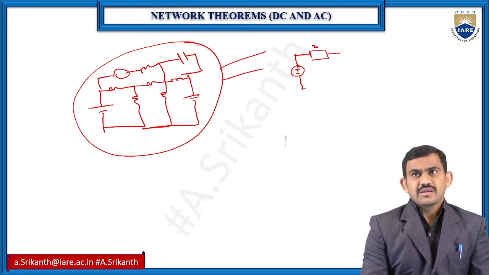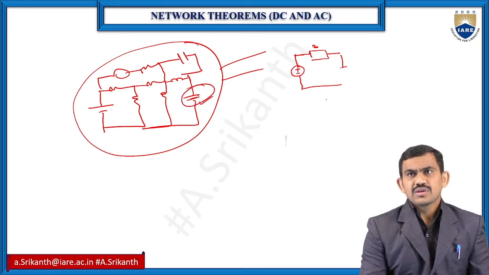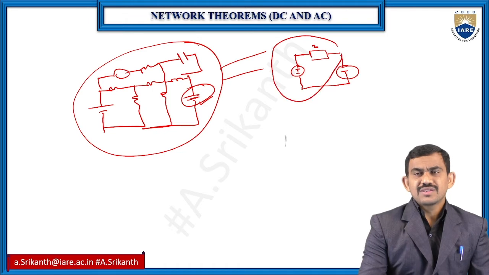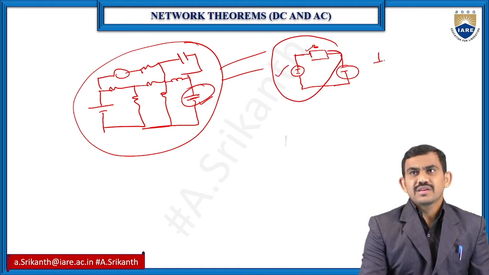The load, suppose a capacitor, stays as it is. So your whole circuit is converted into a voltage source and one impedance. For DC we have a voltage source with a resistor.